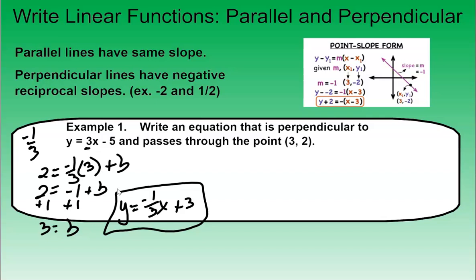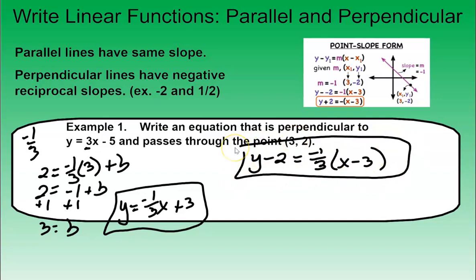And if I wanted to put this in point-slope form, I would use the same point, so it'd be y minus 2 equals our slope, which is -1/3, times x minus 3. And this would also work for that one.